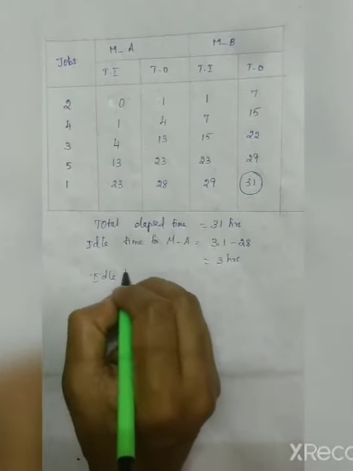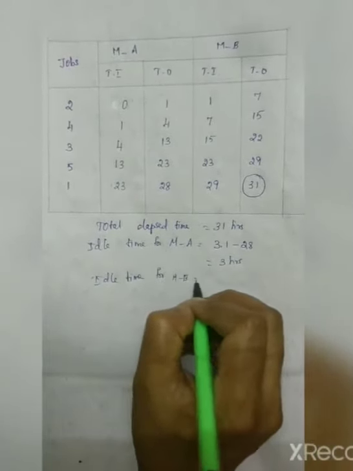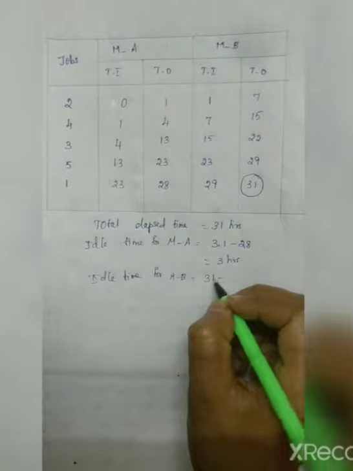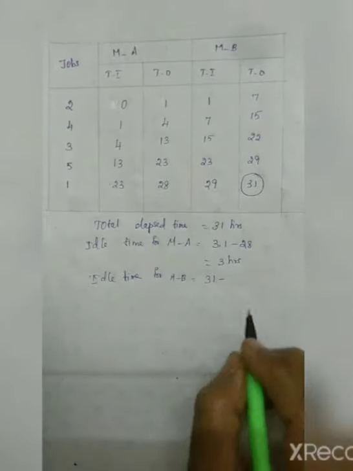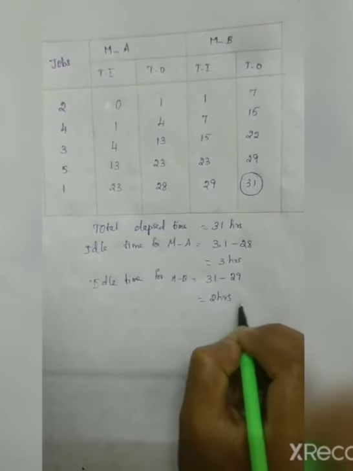Similarly, idle time for machine B is the same total elapsed time minus the total processing time for machine B, 29, so that is equal to 2 hours.